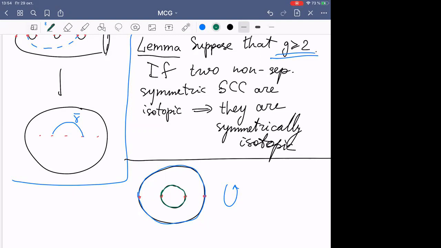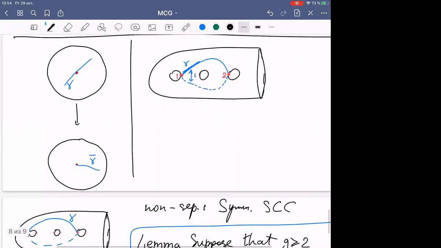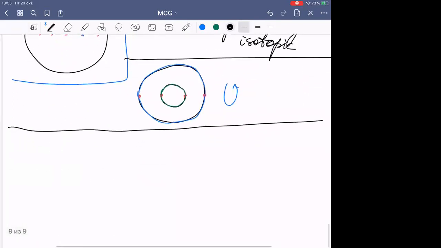G greater than or equal to 2. You may consider it as an exercise for G equals 1. For G equals 1, the lemma is not true, and so the proof of the Birman-Hilden theorem, which I'm going to tell to you, will not be true. So it is a good exercise.